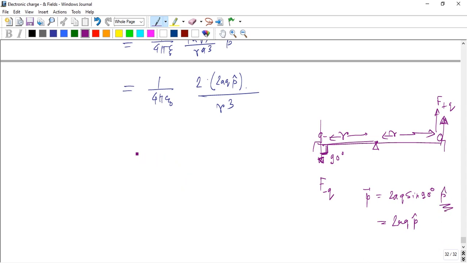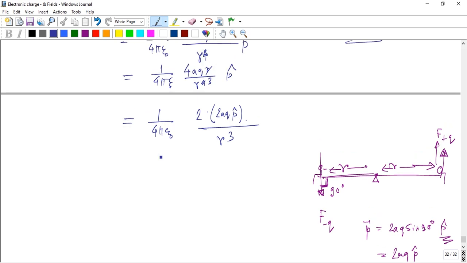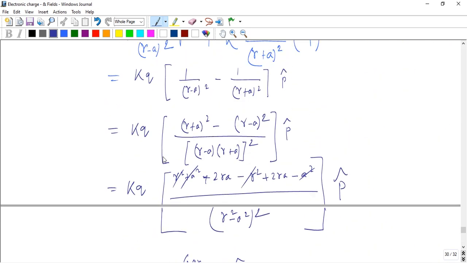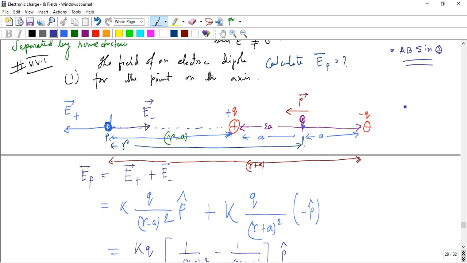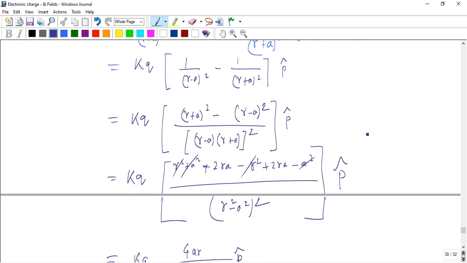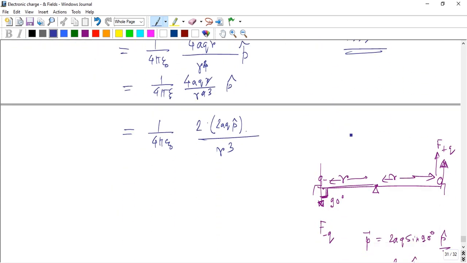So 2aq here represents a cross b product. Here that is ab sin theta, and with sin 90 we only get ab, a times b. So here we get 1 over 4 pi epsilon naught, 2 p vector over r cube, that is E at point P.